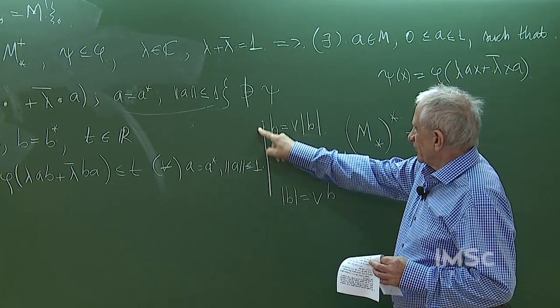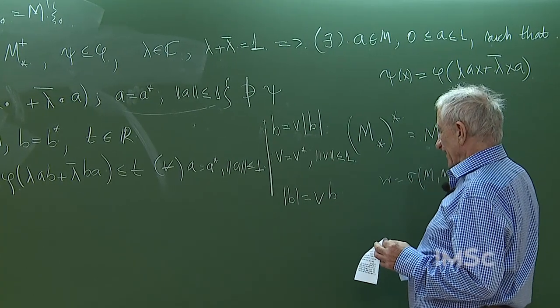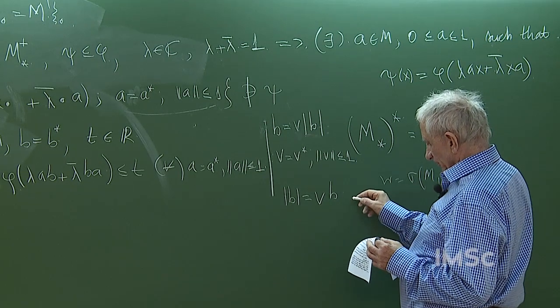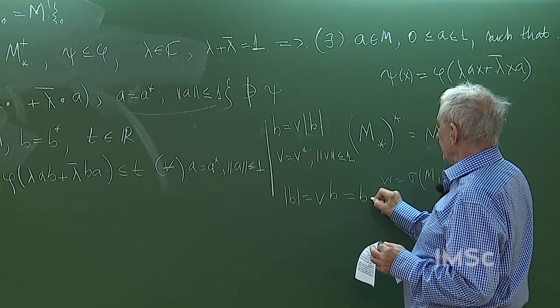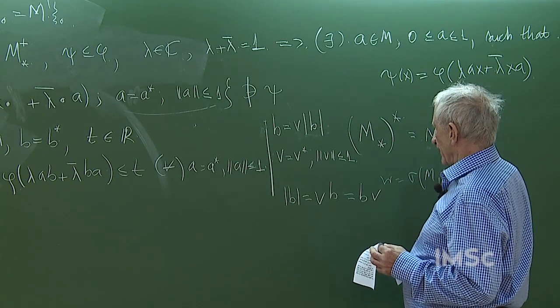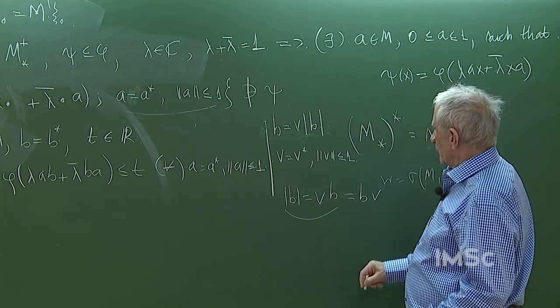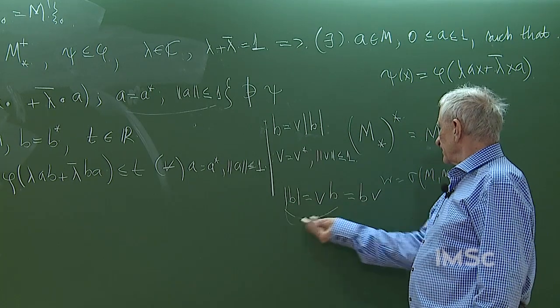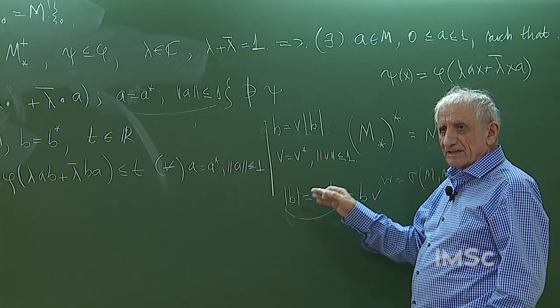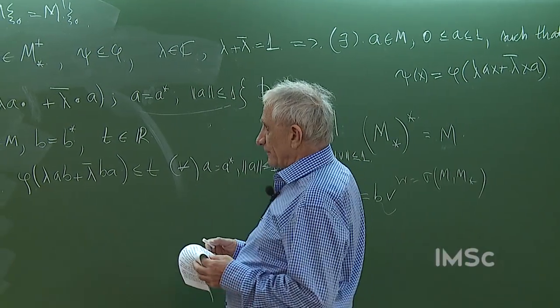But V is equal to V star because the element B was self-adjoint. So this is equal to VB, and also equal to BV. Why? Simply because from this, by adjunction, I get this, just taking the adjoints.